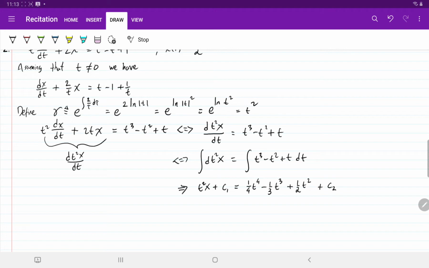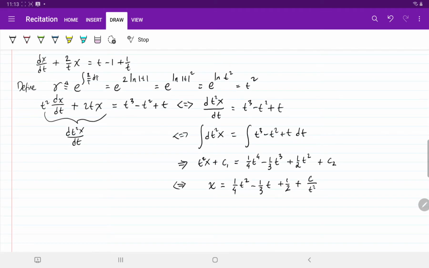Since we assume that t is not 0, then we can multiply both sides with 1 over t square. So we have x equals 1/4 t square minus 1/3 t plus 1/2 plus c over t square, where c is c2 minus c1 like before.